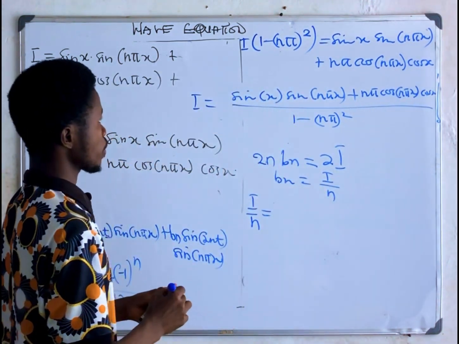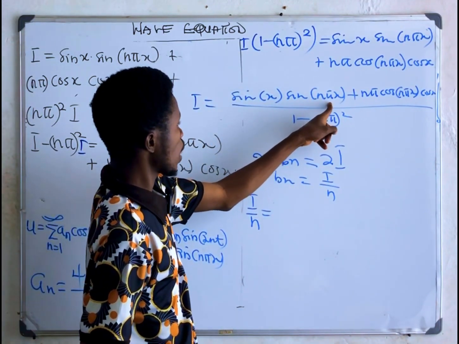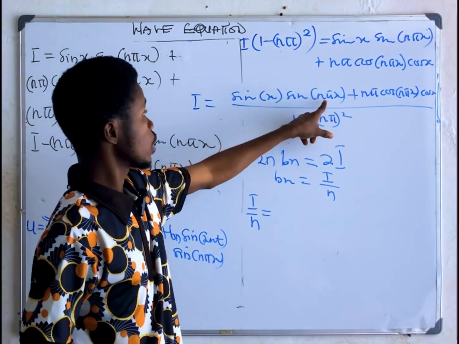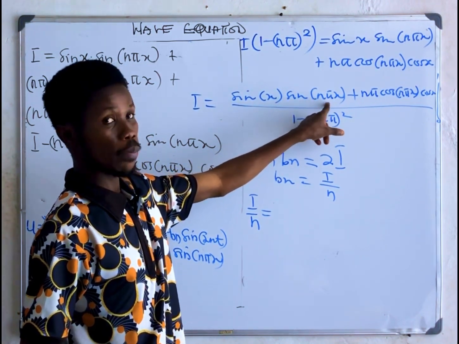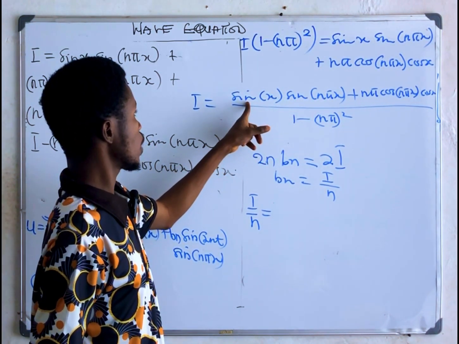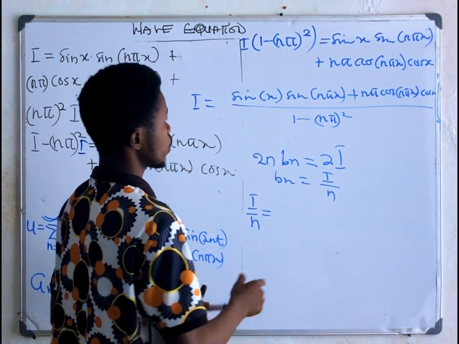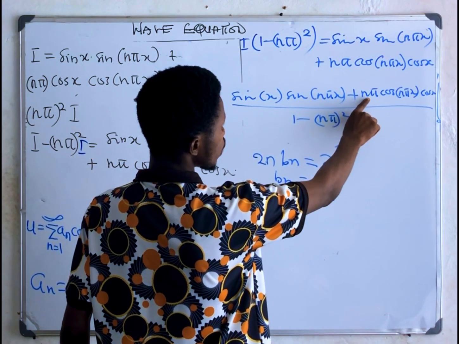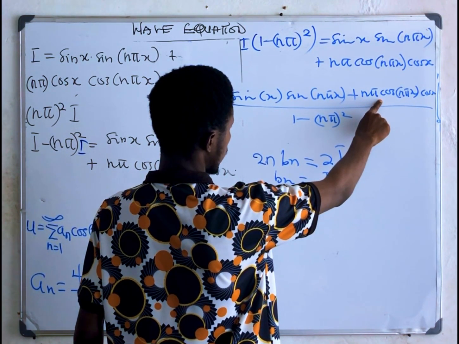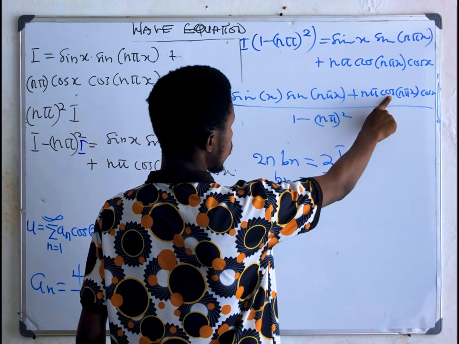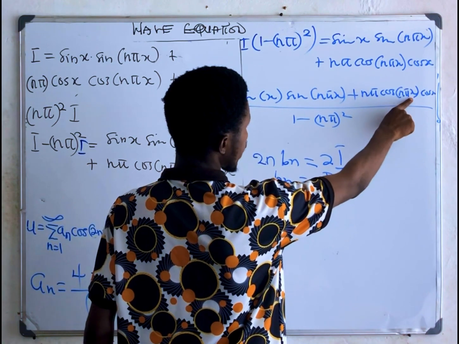Is that okay? So I'm going to substitute. If I put 1 here, I'm going to get 0 because sine n pi x is 1, so it will be sine n pi is 0. 0 times sine x will be 0. Now n pi cos n pi x. Cos n pi is -1.